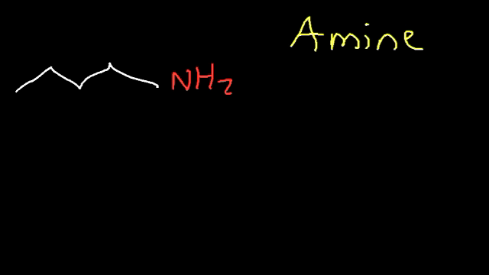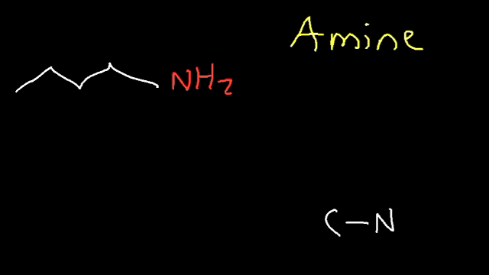Now, what functional group do we have here? This is called an amine. Whenever carbon has a single bond with a nitrogen atom, you have an amine. Now, do we have a primary amine, a secondary amine, or is it tertiary? Now, the way you analyze amines is different from the way you would look at an alcohol.